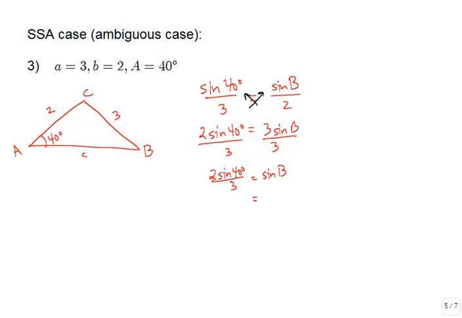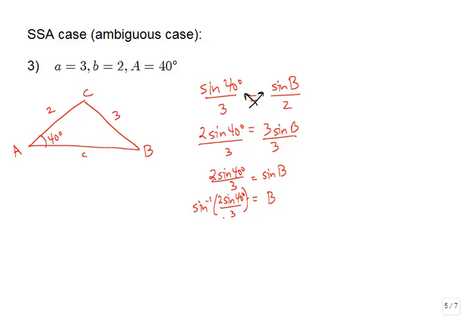So how do I get just a B? Well, you have to undo that sine, which is an inverse sine. So we're going to need to use that inverse sine button, and whenever you're using that, it should be telling you an angle. Okay, and we want to be in degree mode here because we're using 40 degrees. So whatever answer we get when we plug this in our calculator is going to be in degrees as well.